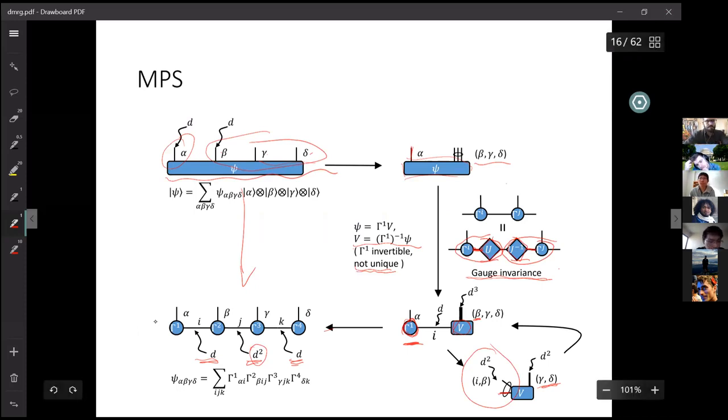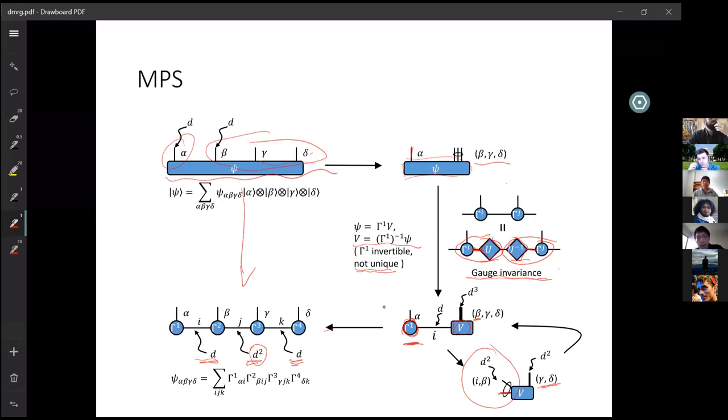Sorry, why does this gauge invariance help? Why don't I just choose gamma 1 to be the identity every time? Yeah, you can choose it like that. That's fine. Sometimes in field theory, it's helpful to choose one gauge over another.